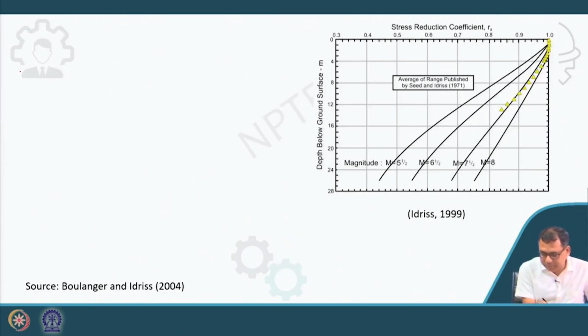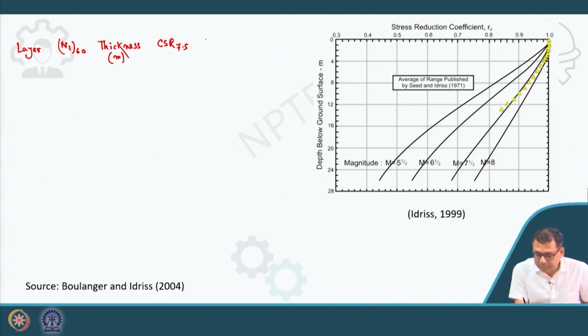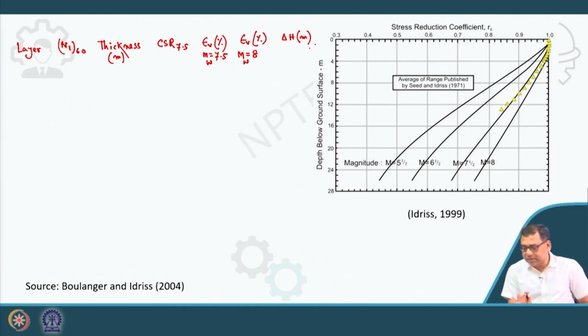This is my layer 1, then N1,60, then thickness in meter, then CSR for 7.5, then volumetric strain in percentage for M equal to 7.5, then volumetric strain percentage for any M, here M equal to 8 or Mw equal to 8, and this is delta H, the settlement in meter. So, these are the tables.